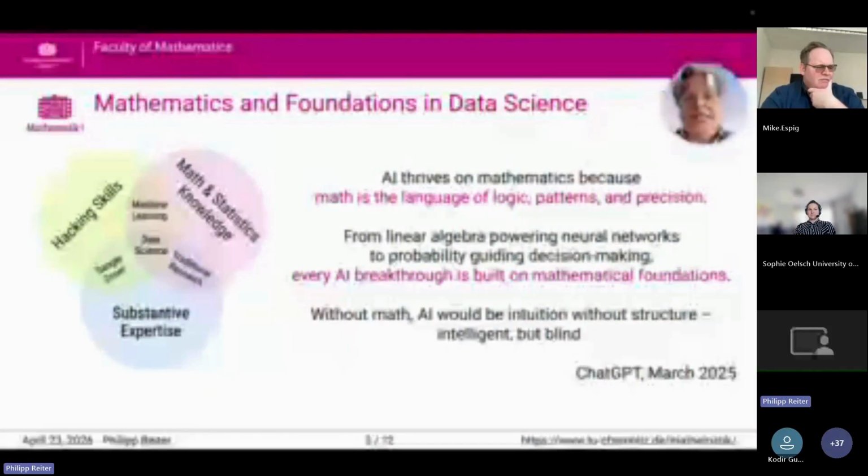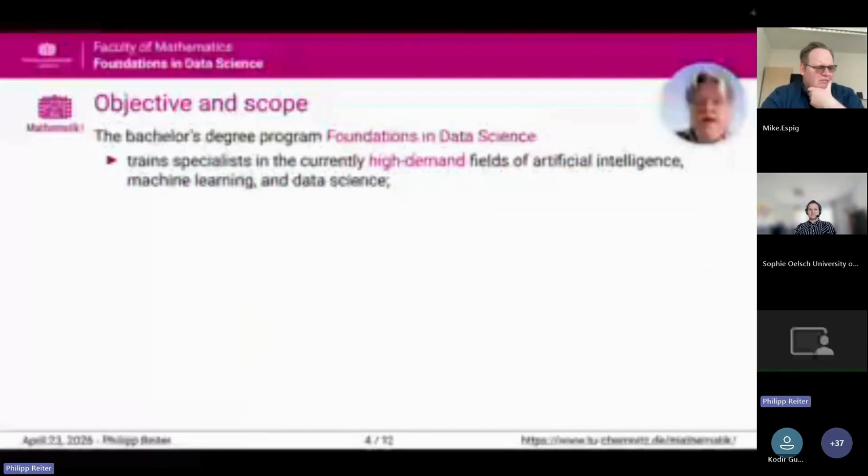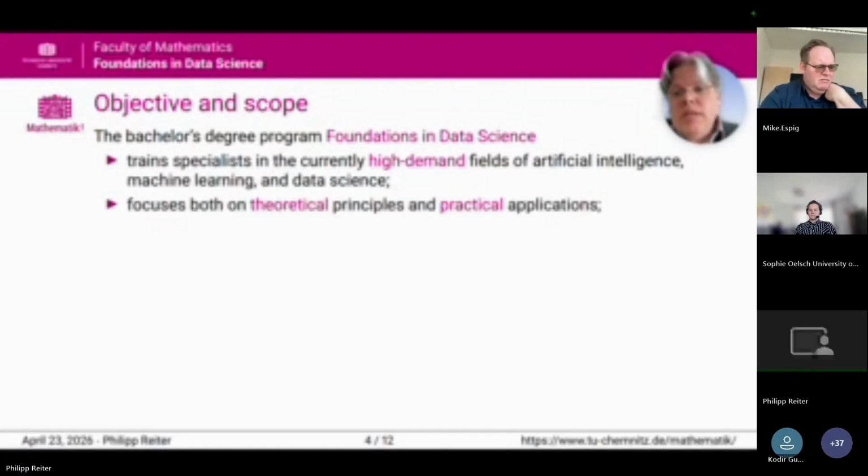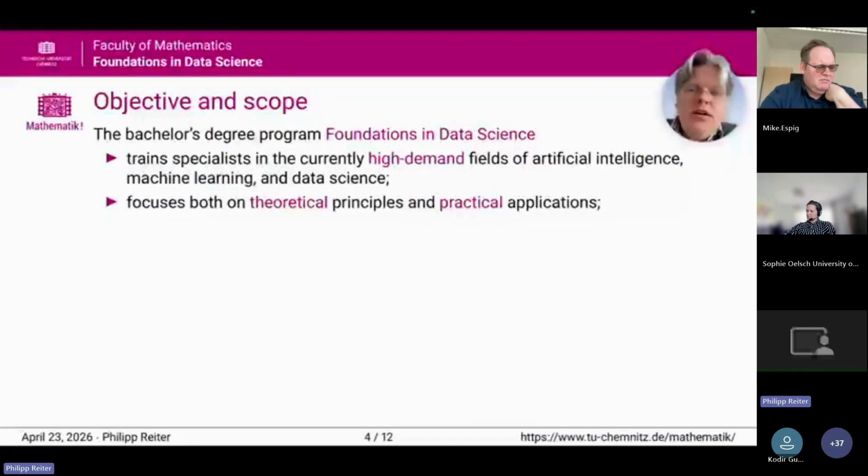What is special about our program is certainly the strong background in mathematics. We train specialists in these highly demanded fields. And as I've already pointed out, we focus on theoretical principles while at the same time not neglecting practical applications.